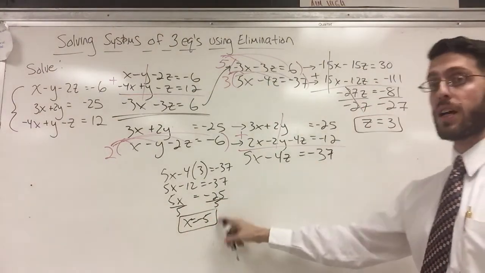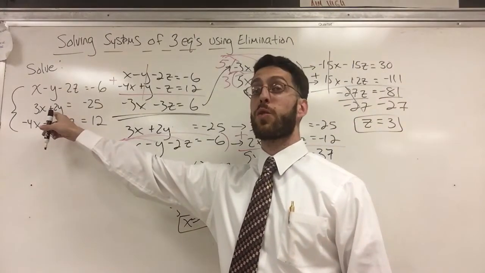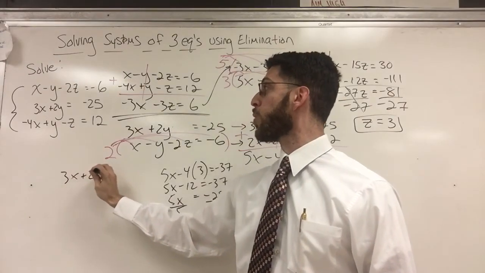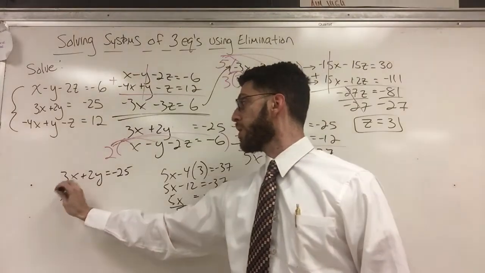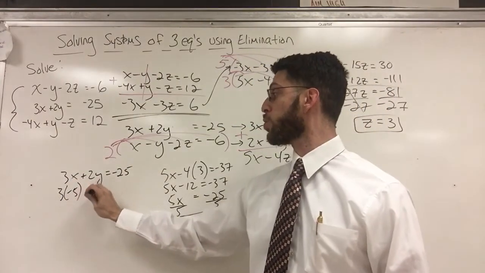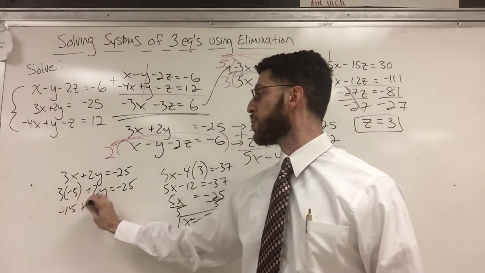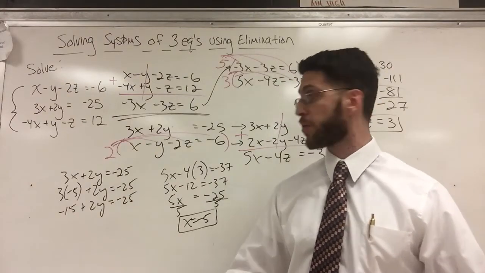I got z, I got x, I'm almost done. I'm going to go here now to the original, which is 3x plus 2y equals negative 25, which is 3 times negative 5, right? I'm using x as negative 5, plus 2y equals negative 25. That's a negative 15 plus 2y equals negative 25. Add 15 this time to both sides.